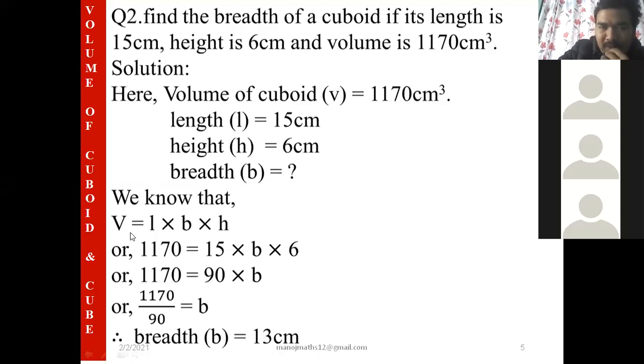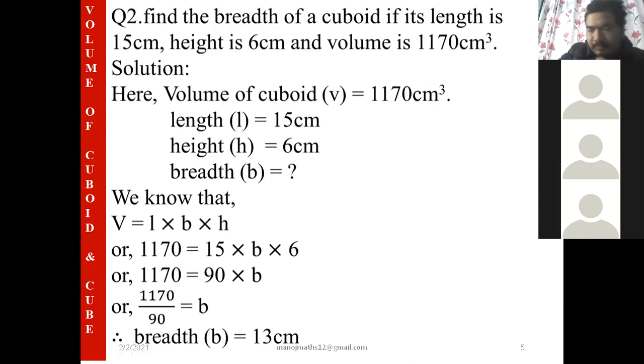Volume is given 1170, length is given 15, height is given 6, breadth is not given. 15 times 6 is 90, and 90 will go to the other side to divide. When you divide 1170 by 90, you'll get 13 centimeter. That is the value of breadth.